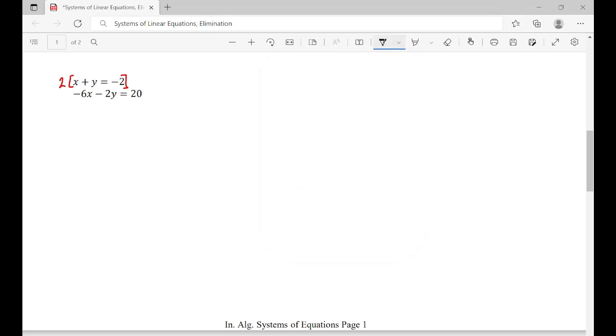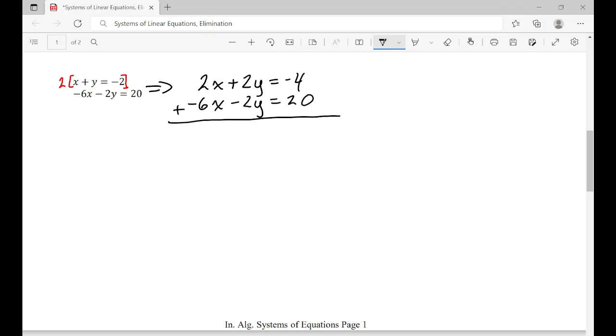So when I do that, I'm going to end up getting 2x plus 2y equals negative 4 for my top equation. And my bottom one, I just keep it as is. So negative 6x minus 2y equals 20.